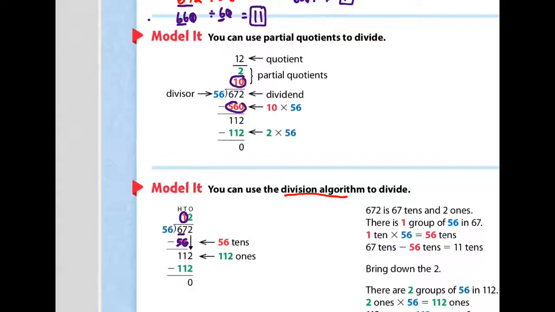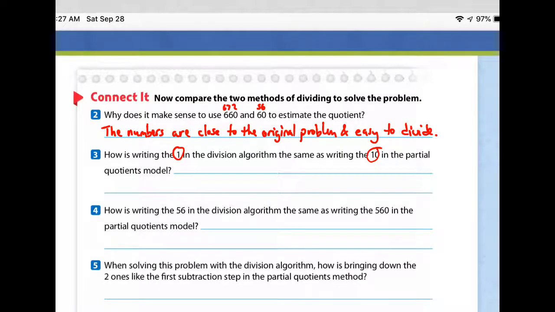So they're kind of the same thing. So if I explain that, I would say the 1 in the division algorithm is actually 10.